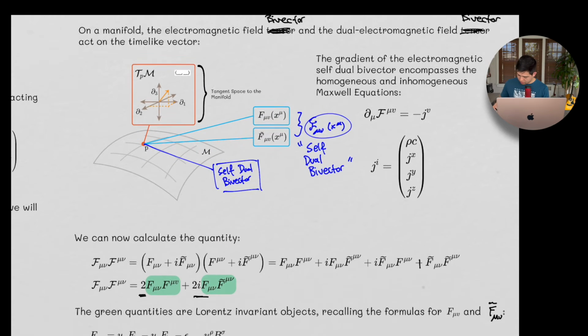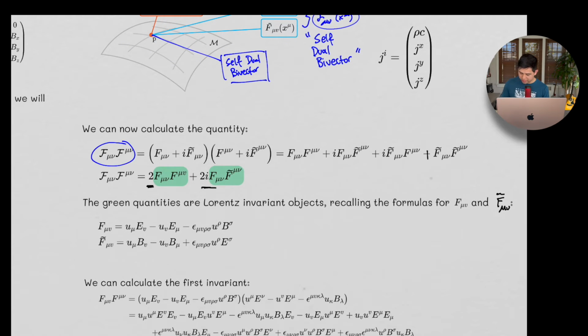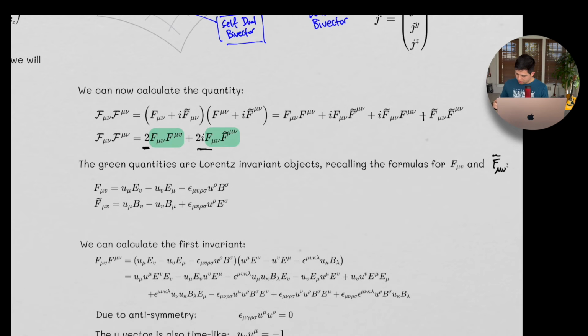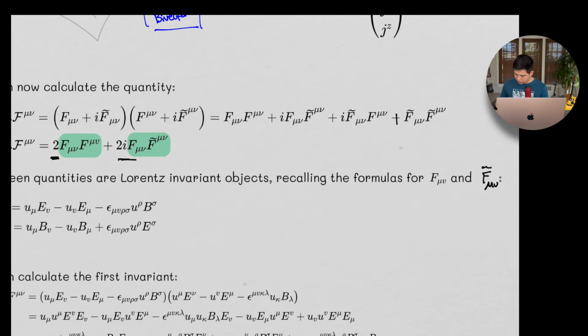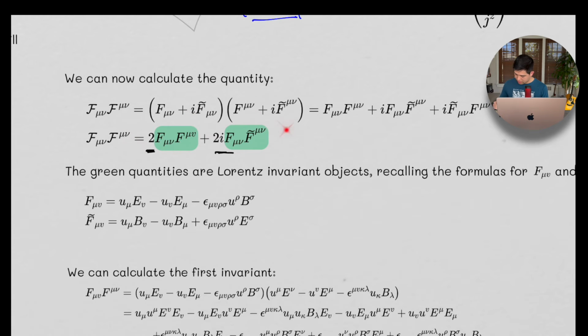Okay, let's continue. We can now calculate the quantity when they're contracted. When we do that, we're just contracting upper and lower indices. We get all this, and we see some things are going to add together. This is going to add with this guy, and this is going to add with this guy, and we get these right here.